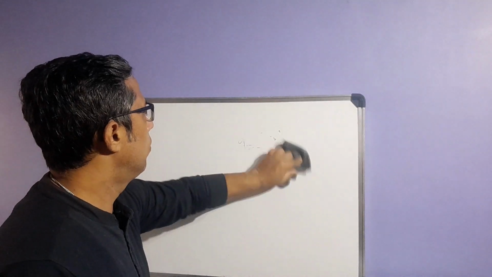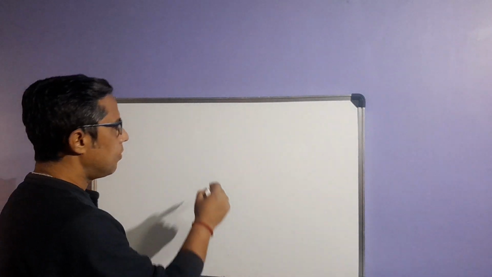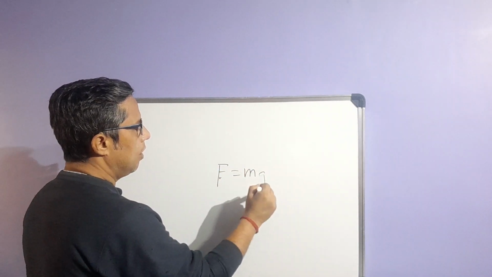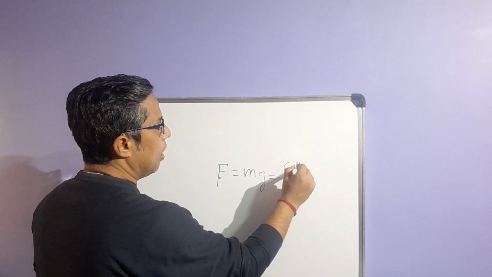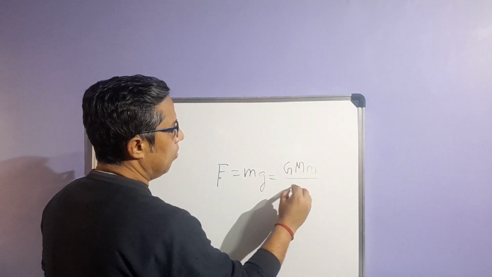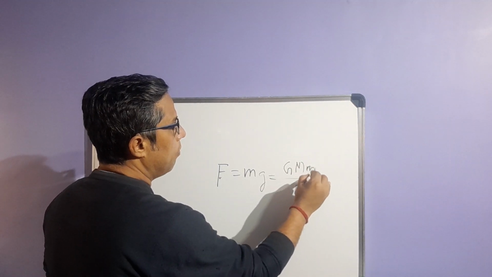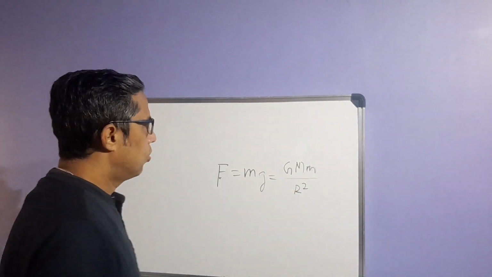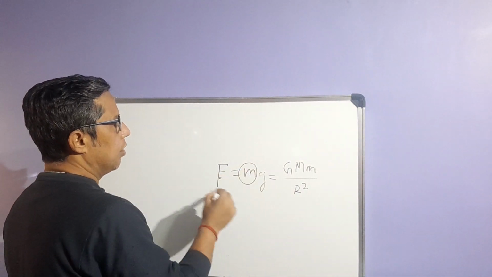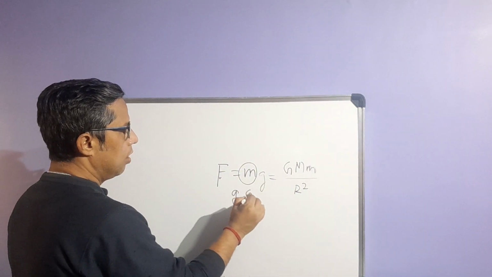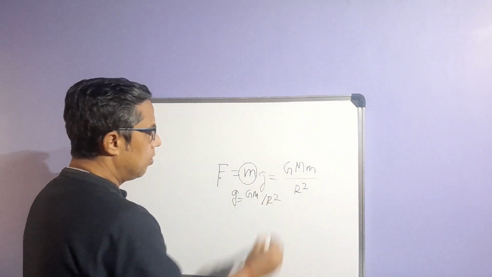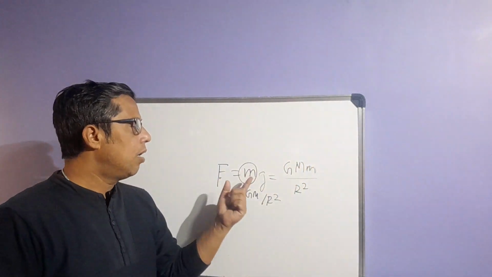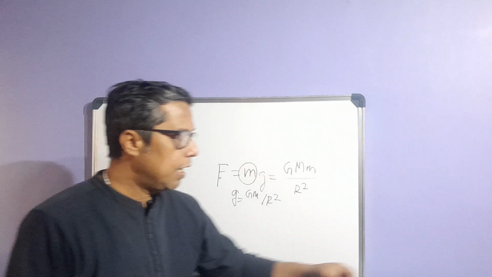This came from the gravitational force: F is equal to mg is equal to GMm by r square, where capital M is the mass of the earth and small m is the mass of any object. So small g is GM by r square. This is the gravitational force, equivalent to the weight of the body acting toward the center of the earth.